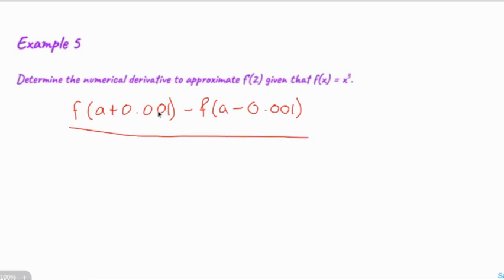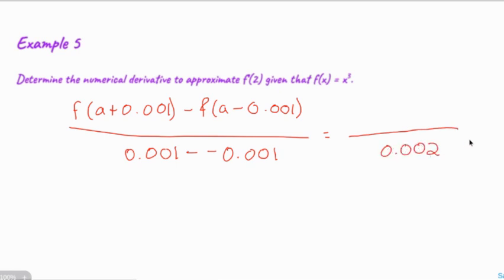Think about there's a difference between 0.001 both above and below, so it'd be 0.001 minus a negative 0.001. Now in the bottom will just be 0.002. And that'll be a constant.